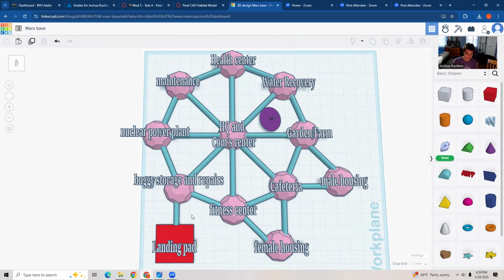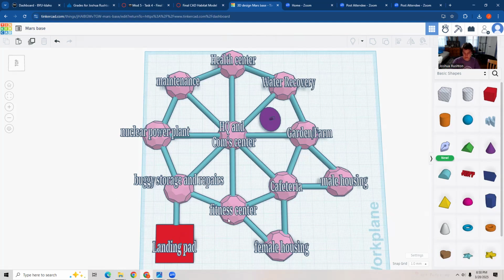And right here is where they go out onto the landing pad, which is also where we will be receiving supply drops should that become necessary. It's also where we're going to be sending out buggies so they can go collect water, ice, and minerals.